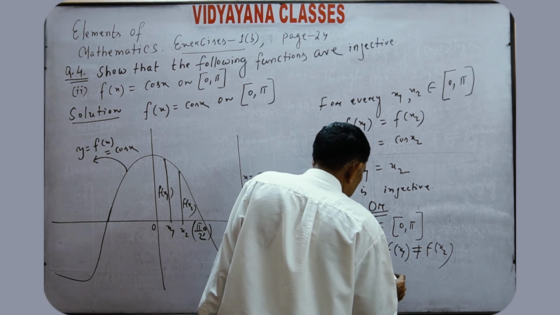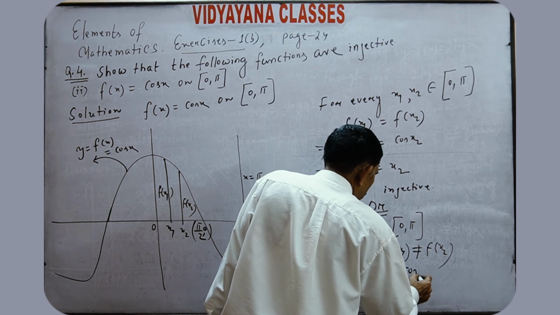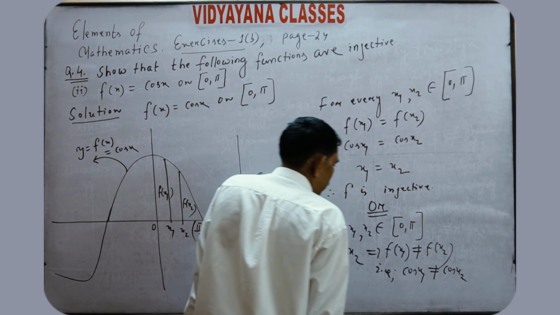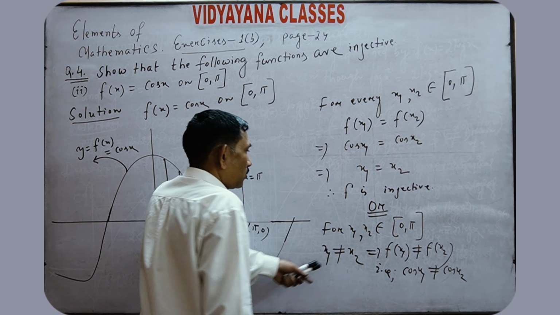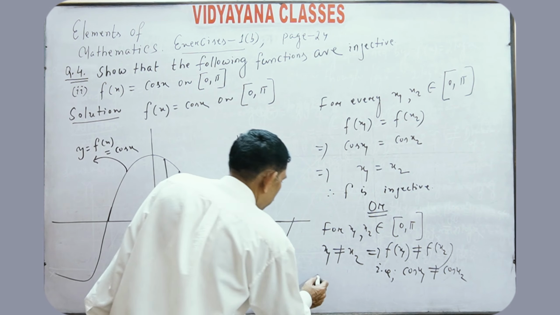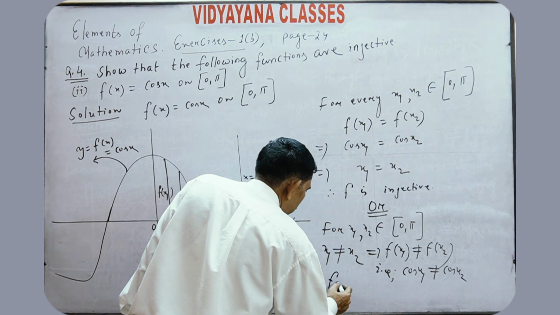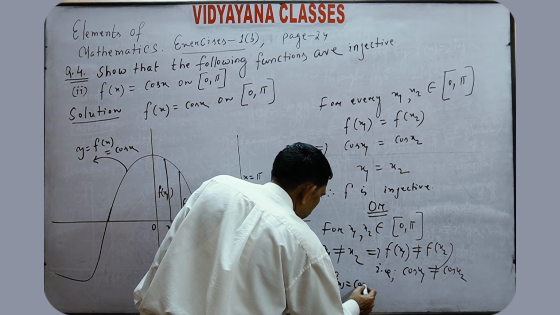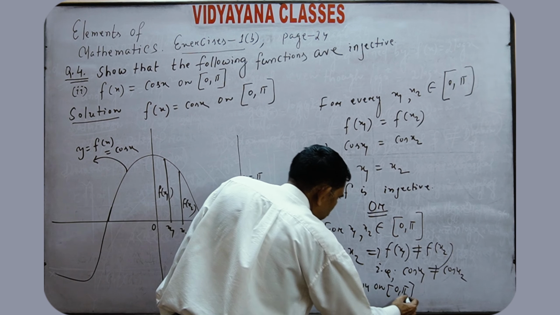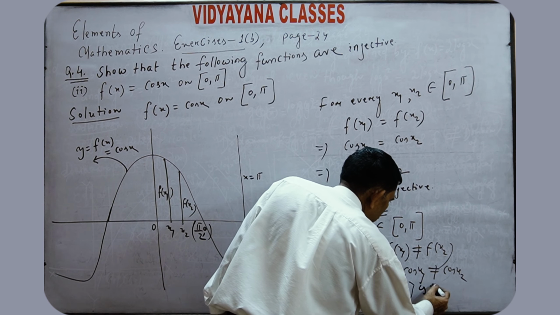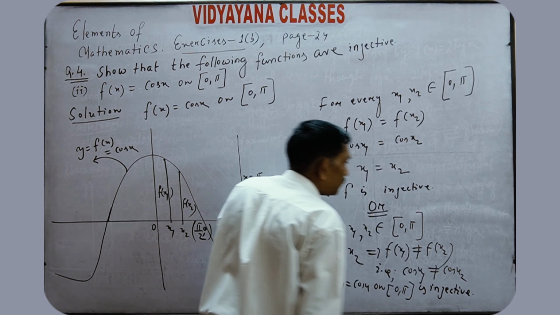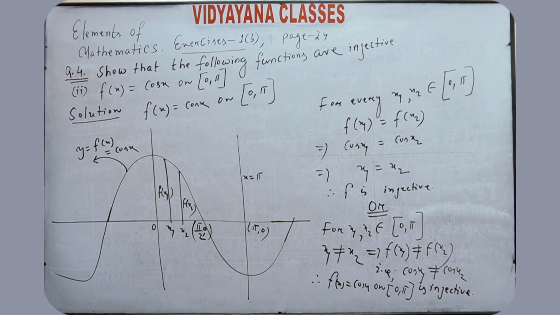That is, cos x1 is not equal to cos x2. It also satisfies the definition of injective. Therefore, f(x) = cos x on [0, π] is injective. Clear?